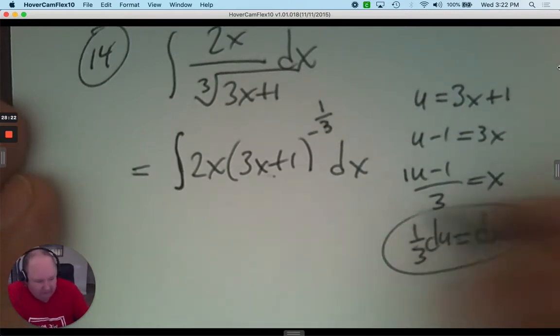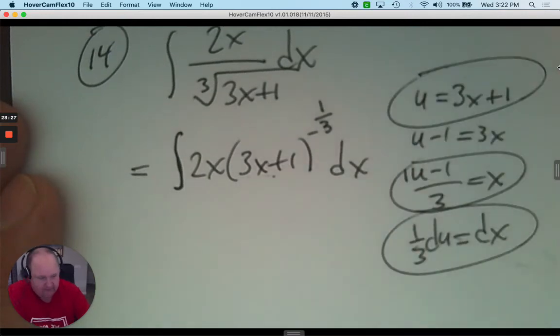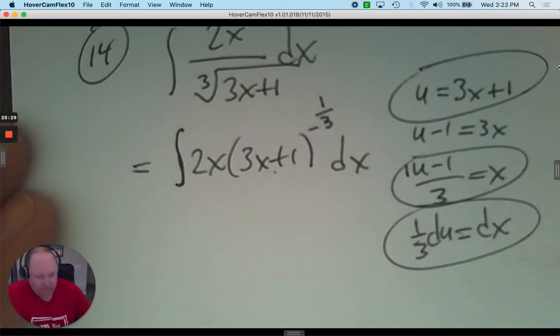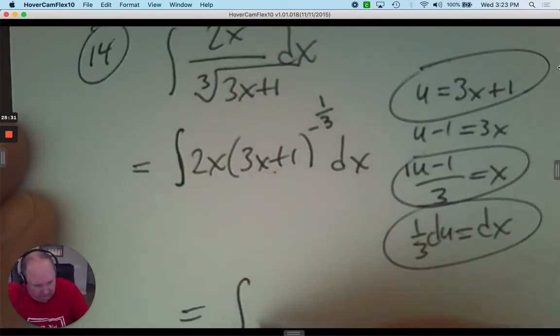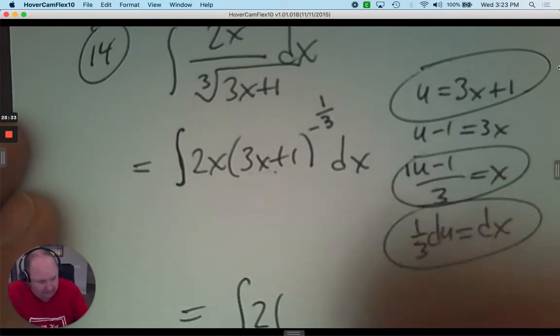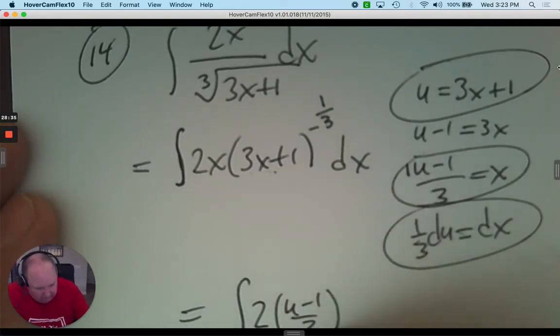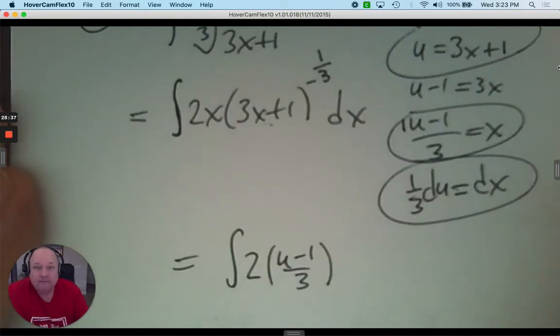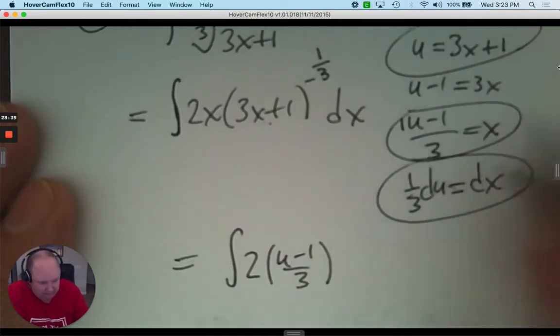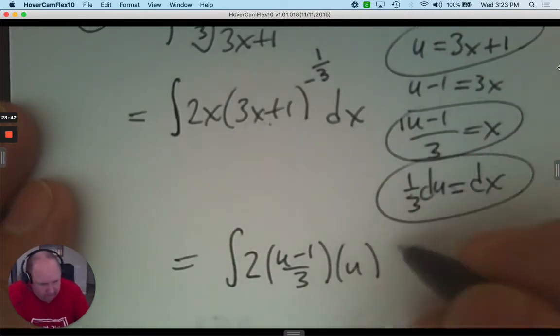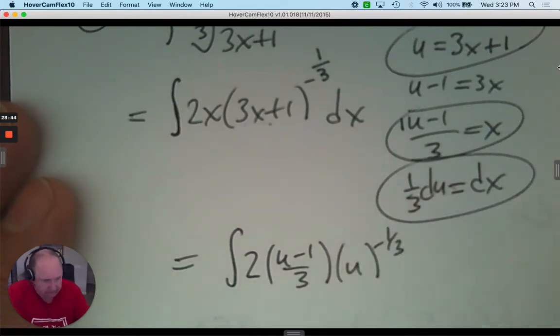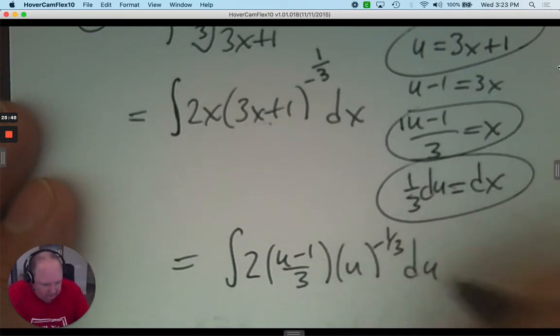So I'm going to use this and this where I need to, and I'm going to do a substitution. So where there's an x, x equals u minus 1 over 3. 3x plus 1, that's just u, and that's to the exponent negative 1/3. And then dx is 1/3 du. So I'm going to put the 1/3 in front.